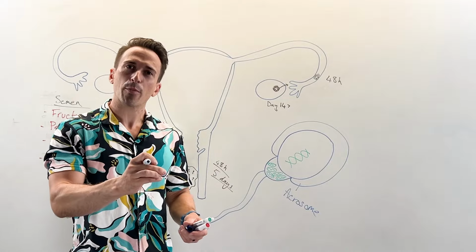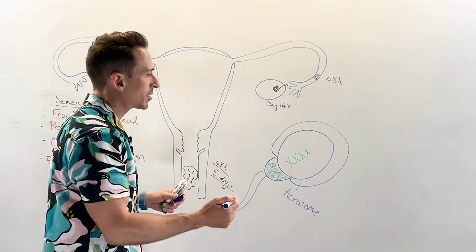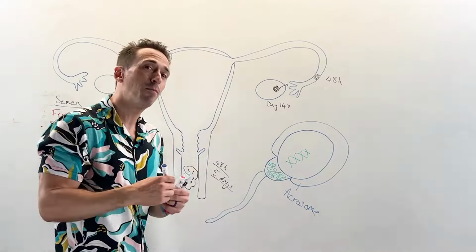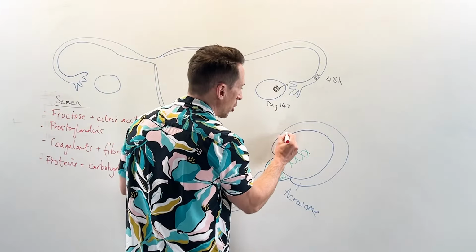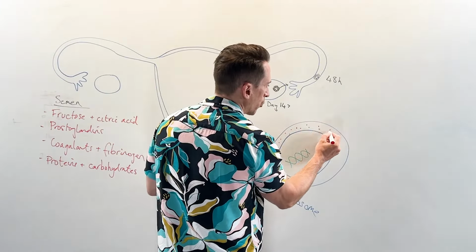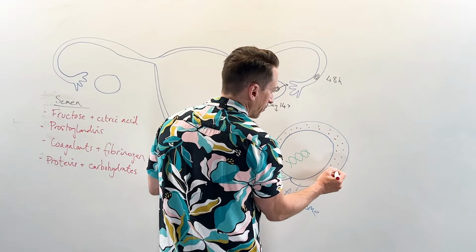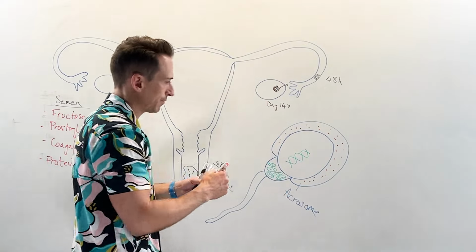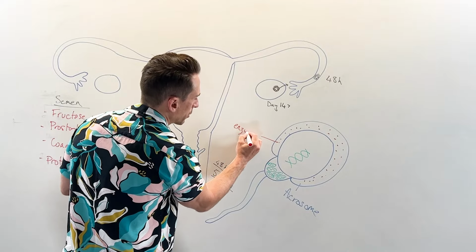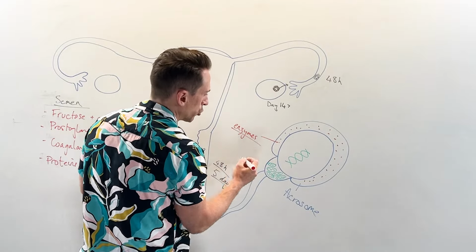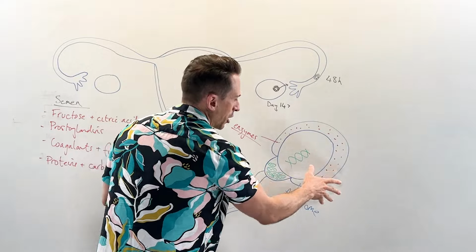And remember, the Golgi apparatus packages things up. So inside the acrosome, we have packaged enzymes. Keep that in mind. So we've got a whole bunch of these packaged enzymes within the acrosome. I'll label that as enzymes, and I'll tell you exactly what those enzymes are shortly. So we've got this crash helmet on the acrosome.